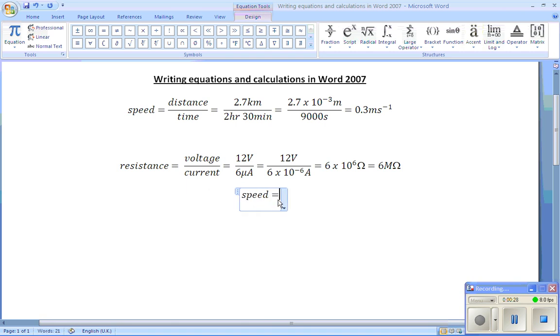Speed equals, then you're going to need the fraction part, one over the other, and we'll put in distance over time. You can move between the things in the equation by using the arrow keys or by moving the cursor.